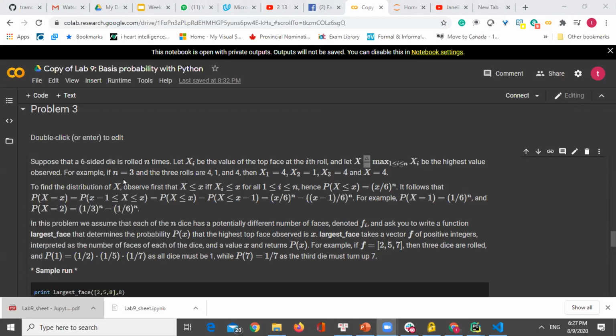For example, if n, okay, I got this. So observe the first part that X smaller than x. Maybe can you demo the experiment out? Maybe I'll understand it better.